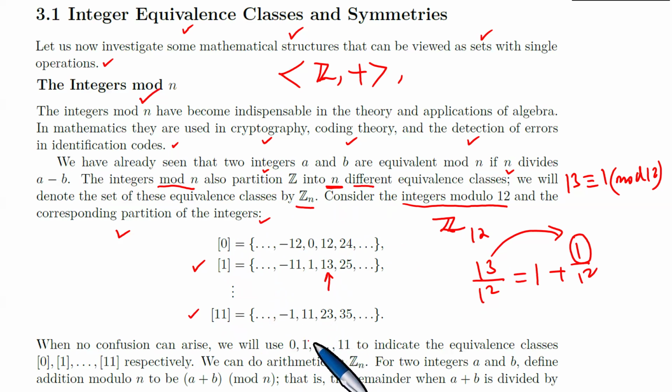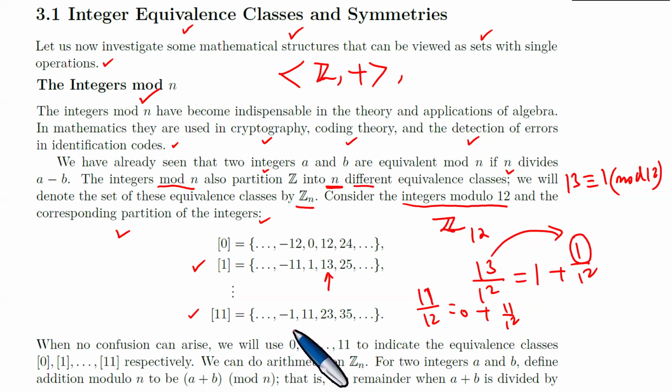What are they? 11 is equivalent to itself modulo 12. The reason is that if you divide 11 by 12, it goes 0 times and the remainder is 11 out of 12. So we're looking at the remainder, so obviously 11 is equivalent to 11 modulo 12.